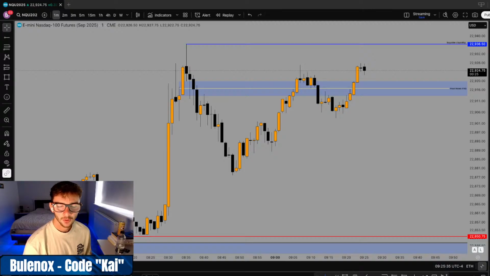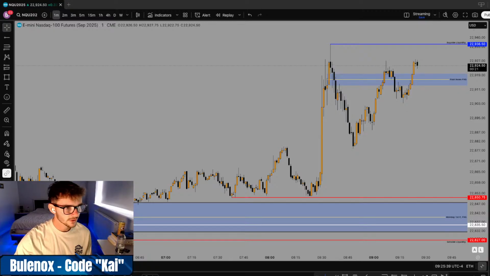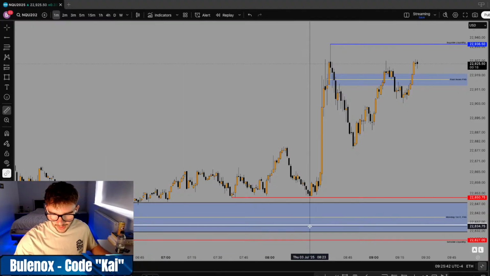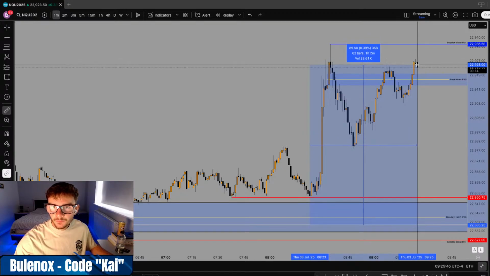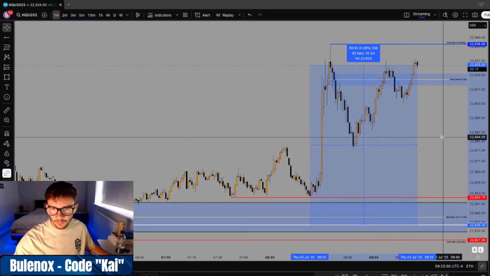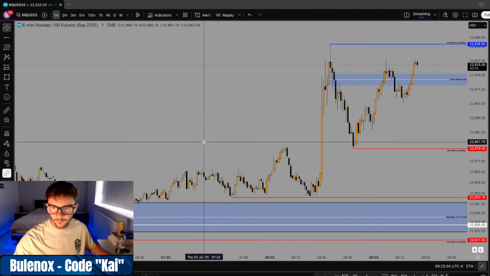We also are going to gap up about, where's my measuring tool? We're going to gap up about 90 points. So midpoint of that gap, which is going to be around here, which is also going to be around this low. That's a nice little sell side pull.